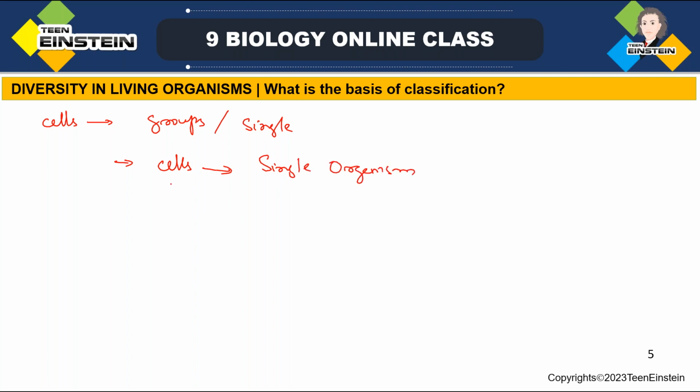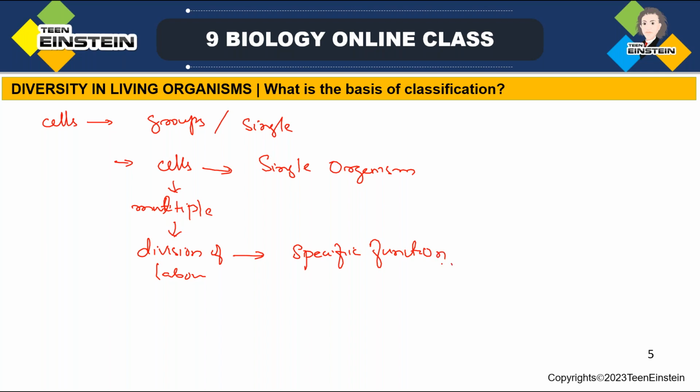Here you can see many cells, multiple cells, and here you can see a cell or group of cells where you can see division of labor. Okay, and each division will perform a specific function. Each group of cells that performs a specific function we can call tissues. So there is a division of labor.